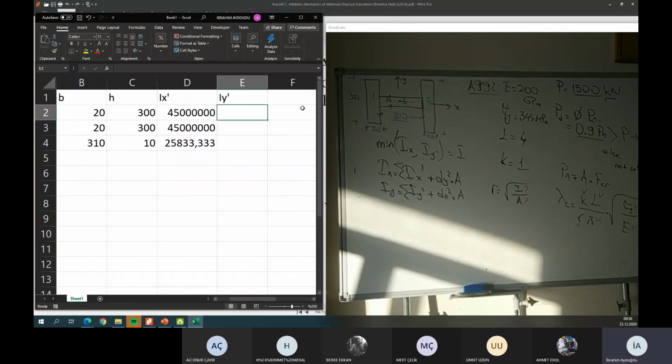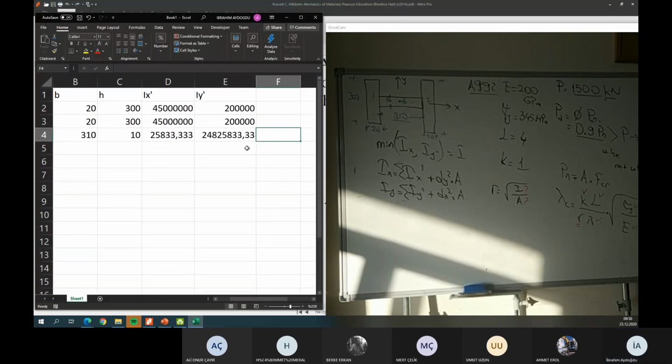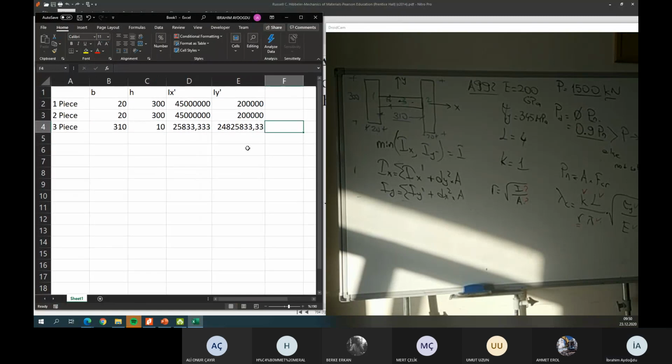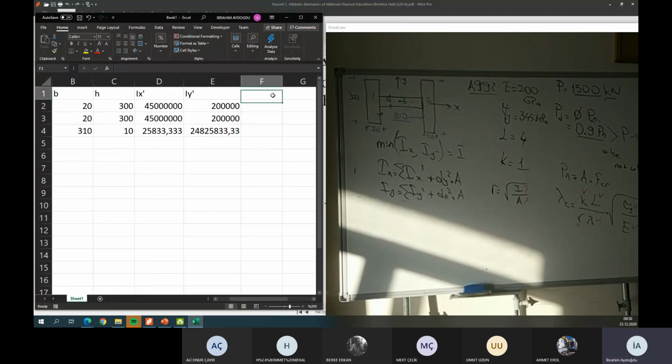It's equal to b cubed times h divided by 12. Like this. And also I compute Ix prime and Iy prime.